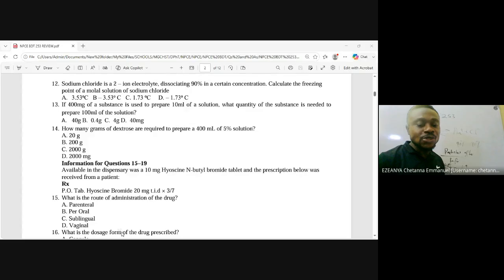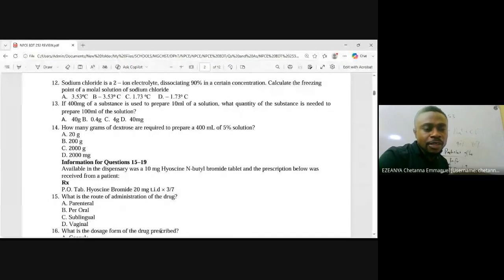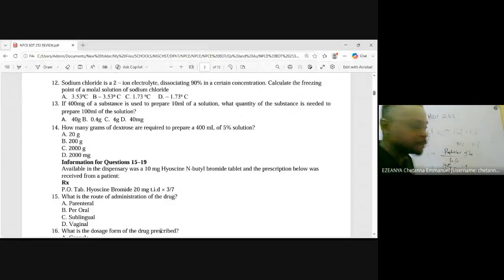Now it is time to solve the main question. The question says: sodium chloride is a 2-ion electrolyte, dissociating 90%, which we have done, in a certain concentration. Calculate the freezing point of a molar solution of sodium chloride.